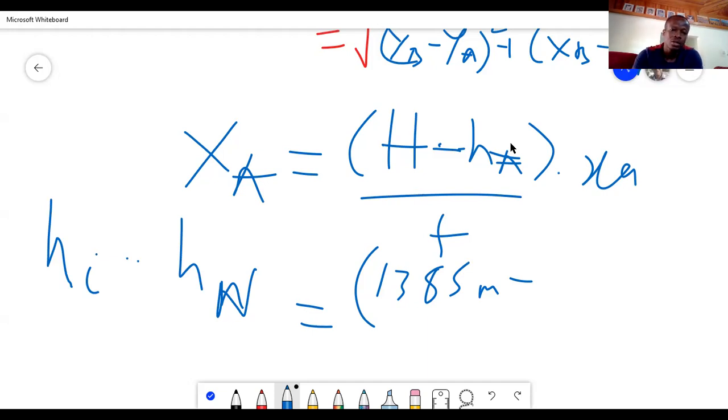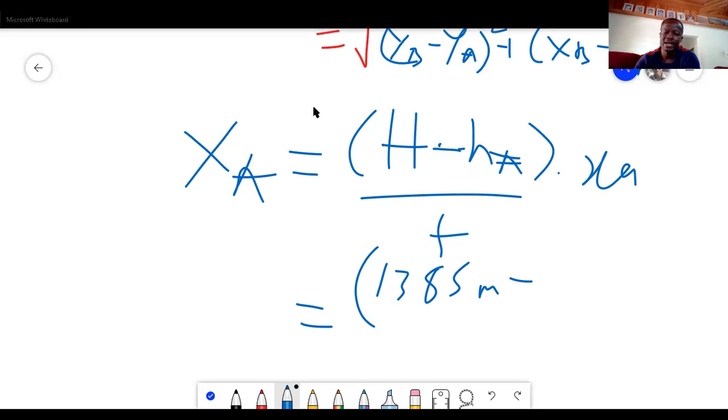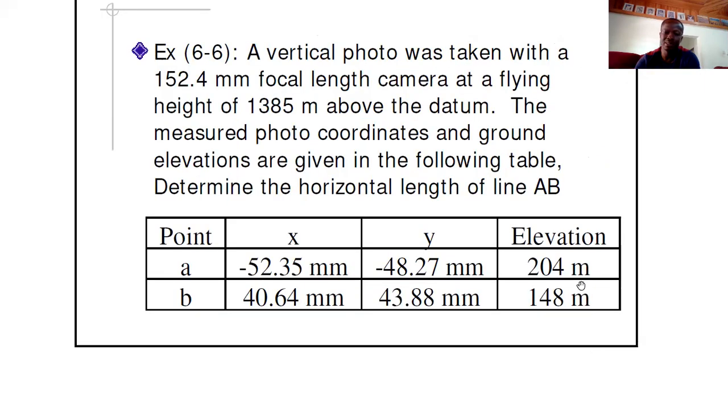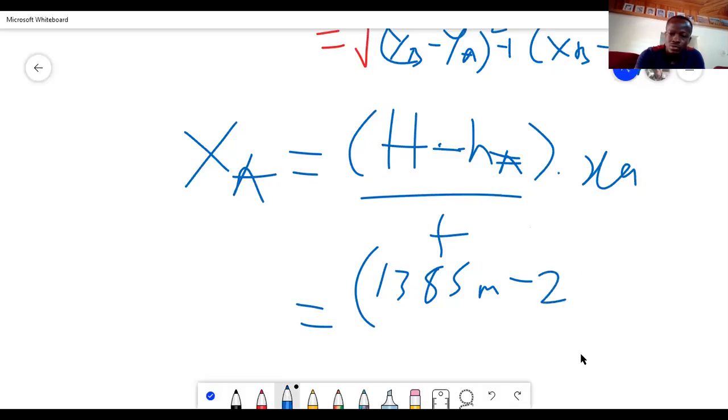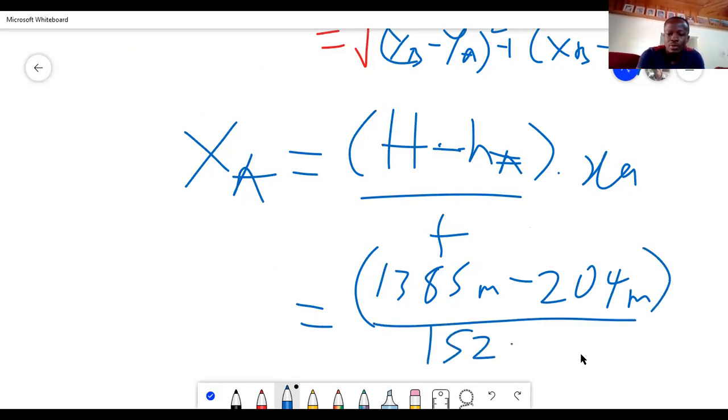Going back to the formula, we're looking for the height. In the table, H subscript A is what? 204 meters. We can subtract this because the two are in the same unit, and then 152.4 millimeters.